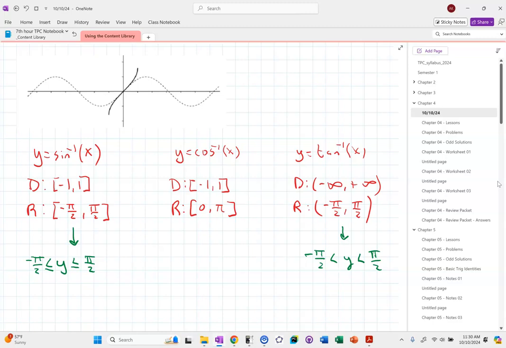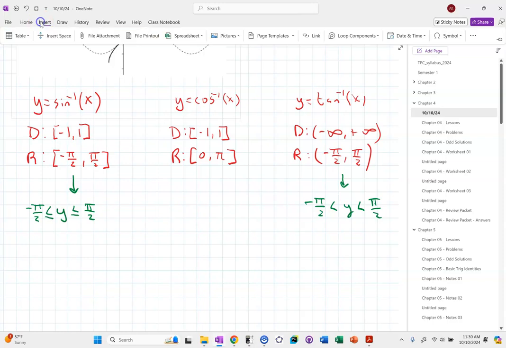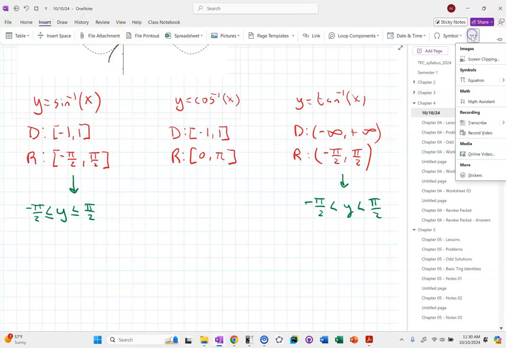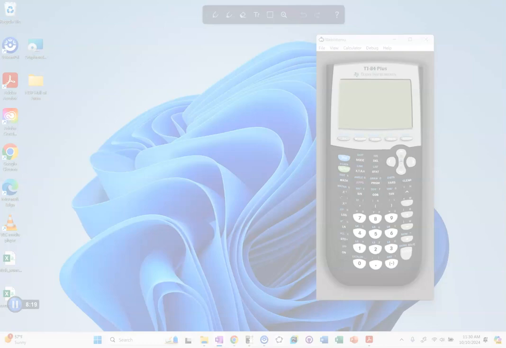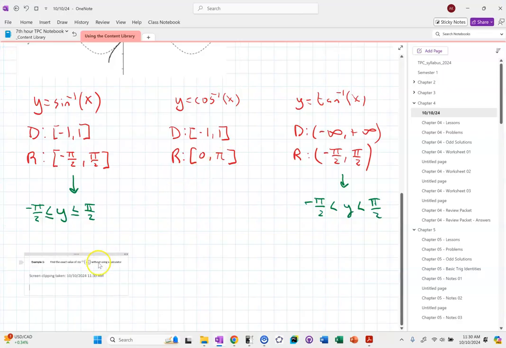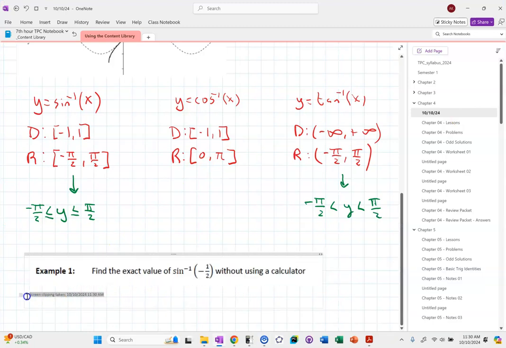So that set of domains and ranges is going to be really important to us. Because if I ask you to do a problem like the following, we're going to need to remember those.